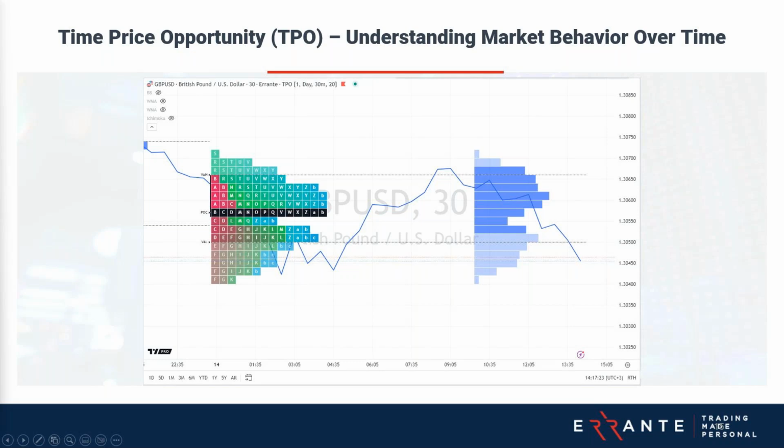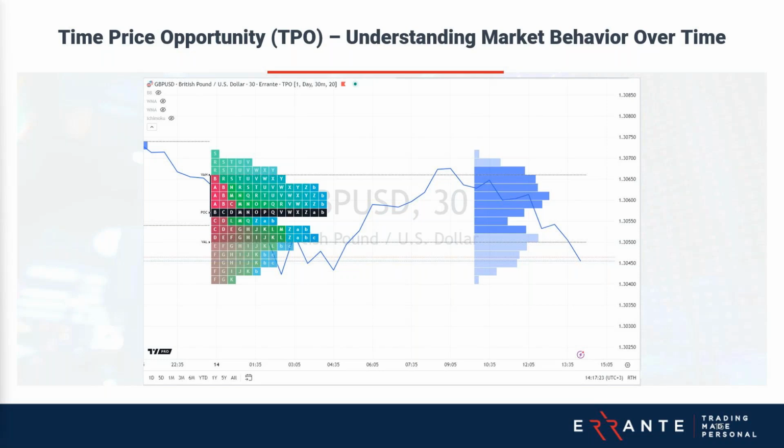Let's explain this. These are the upper and lower boundaries of the value area. This is the range where 70% of the trading activity took place during this session. So the VAH is located at the upper boundary of this area, and the VAL, which represents the value area low, is located at the lower boundary.